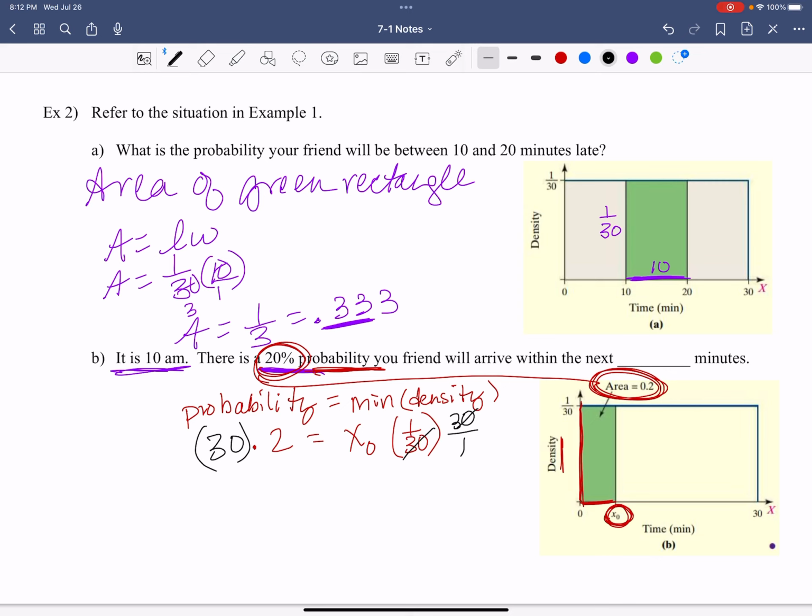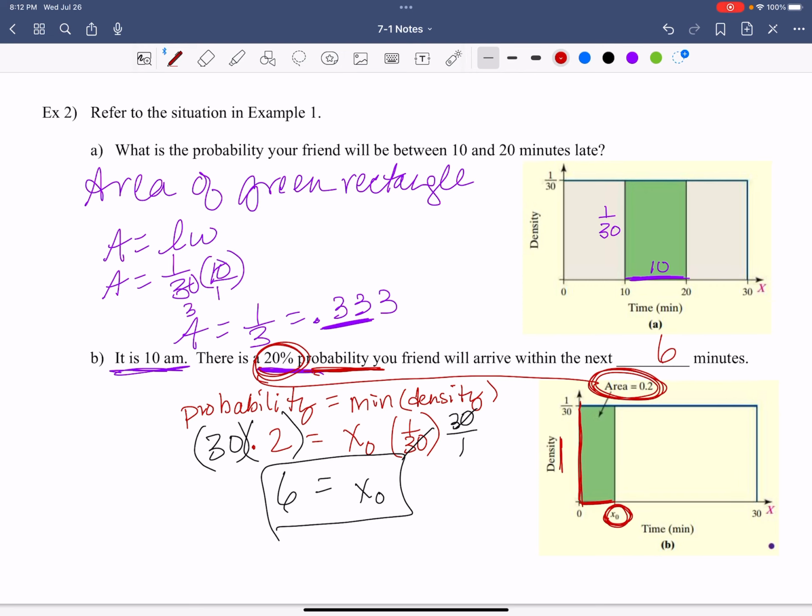Those cancel, and I'm left with x is equal to, what is 30 times 0.2? 6. So there's a 20% probability your friend will arrive in the next 6 minutes. It's just rectangles. When I'm looking at this uniform density, I'm just looking at the rectangles. All right? Pretty cool.